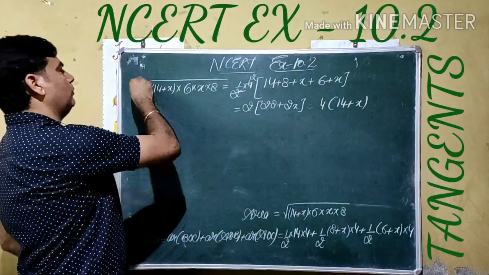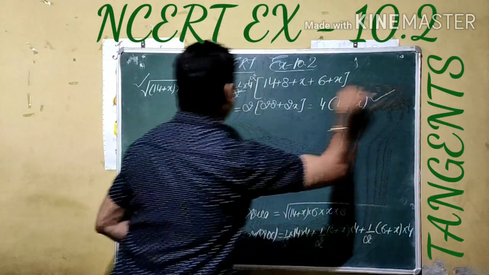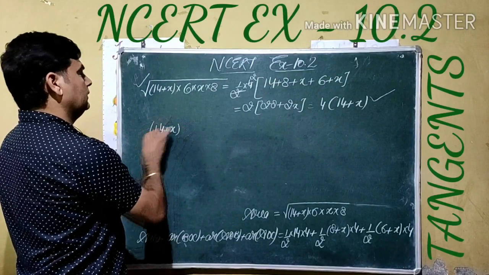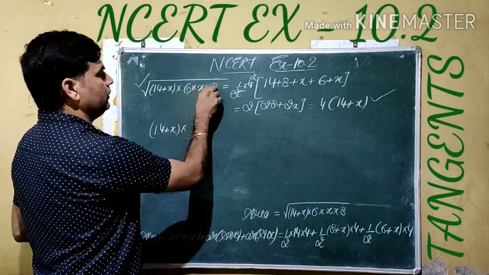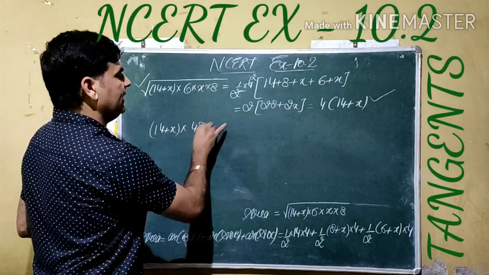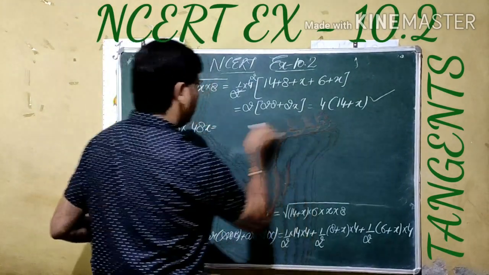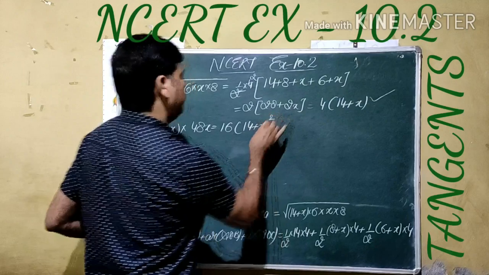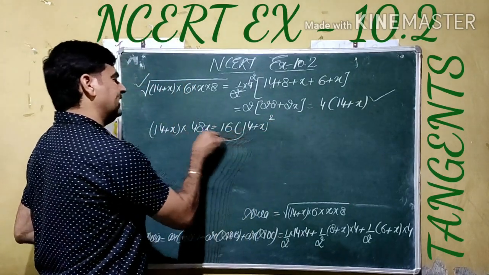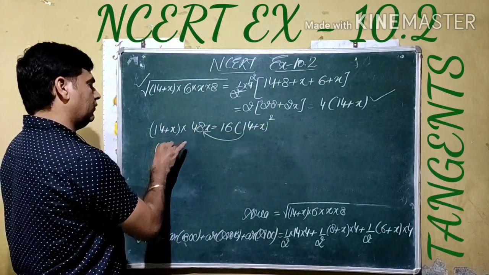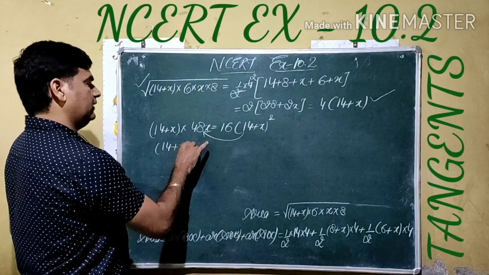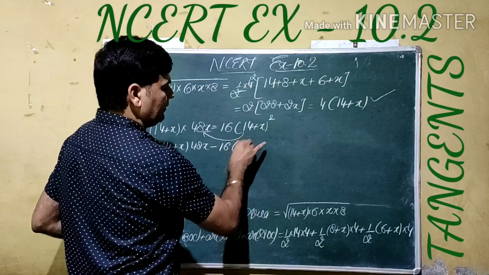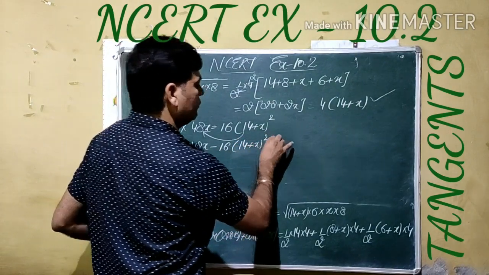If we square on both sides, to remove the square root, we get 14 plus x with 6 into 8 into x, 48x. The right side becomes the square of 4, which is 16, times the square of 14 plus x. We are shifting all of the terms to the same side. It becomes 14 plus x with 48x minus 16 times 14 plus x whole square is equal to 0.